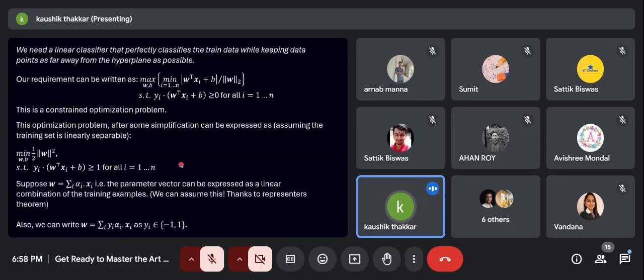Now, one more thing that's very interesting and useful. The parameter vector W can be written as a linear combination of the training samples, right? This can be proved.